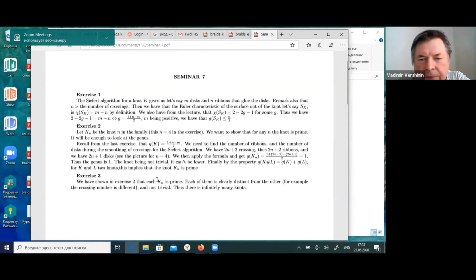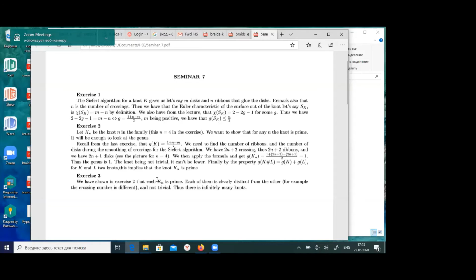You can do this directly, or you are using the additivity formula, right? Yes, like at the end, to be sure, to show that they are indeed prime. So the additivity formula is to show that they are indeed prime.